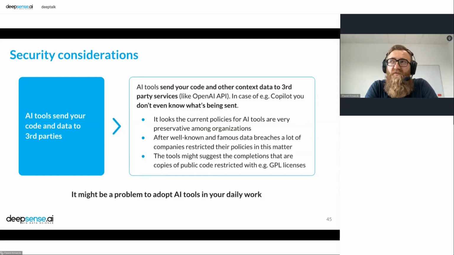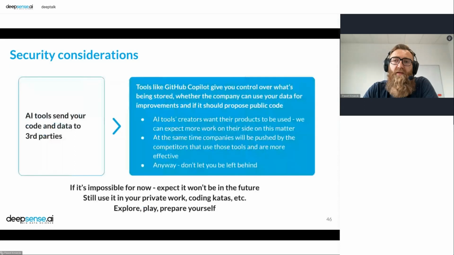And it's a kind of blocker, especially for some organizations. And also, we heard about some famous data breaches connected with use of AI previously. And there are also some problems with licenses of the code that the models were trained on. So the general conclusion is that it might be hard to adopt those tools in your daily work.